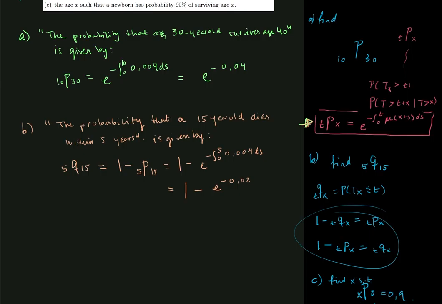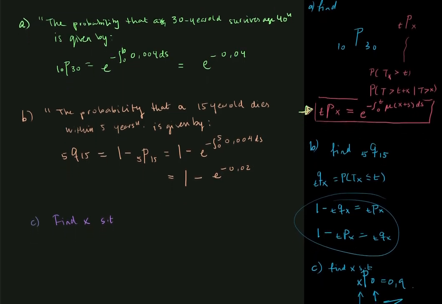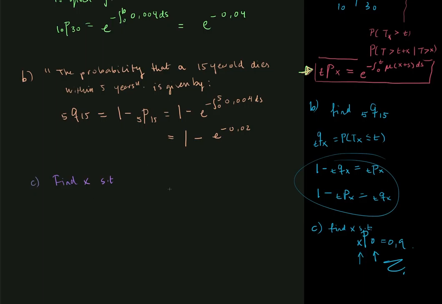And last but not least, we have C, where we want to find the age X. So find X such that a newborn has probability 0.9 of surviving age X. So as we mentioned earlier, that corresponds to finding X such that the probability of a newborn surviving the next X years is equal to 0.9.